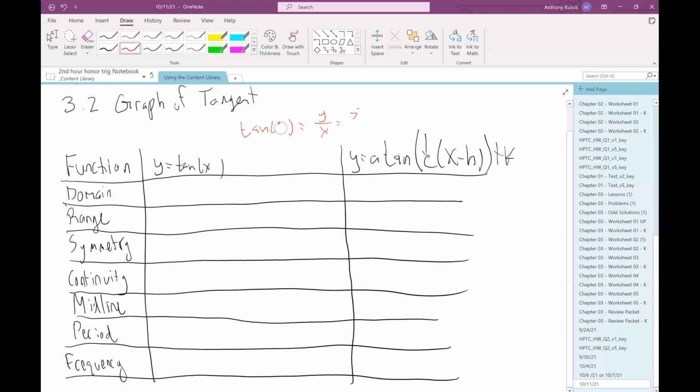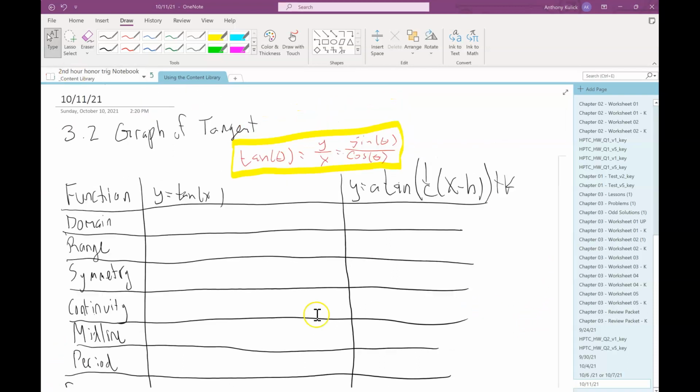Oops, well, maybe we should call that theta. And x was the same as cosine. So really what we're talking about here, tangent, is going to be defined as sine over cosine.